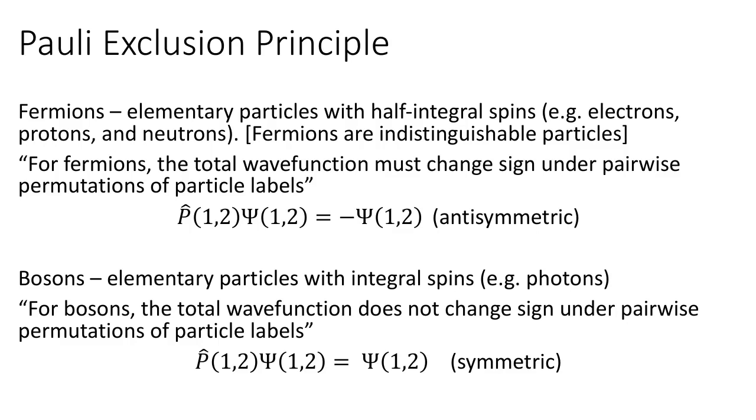Now, if you're a boson, like an elementary particle that has integral spins, like some nuclei have integral spins, these combinations of fermions can also be bosons, but a photon is a classic example of a boson. And for photons, the total wave function does not change if you switch the labels from 1 and 2. And so those are what are called symmetric.